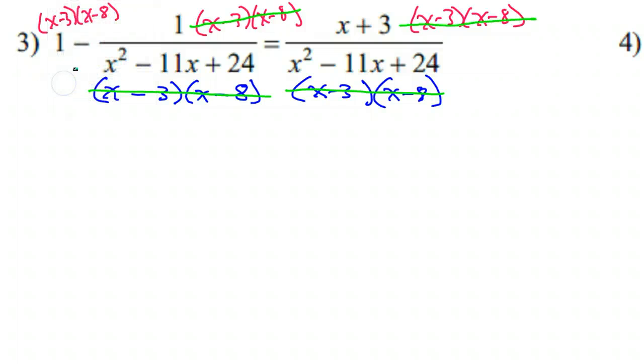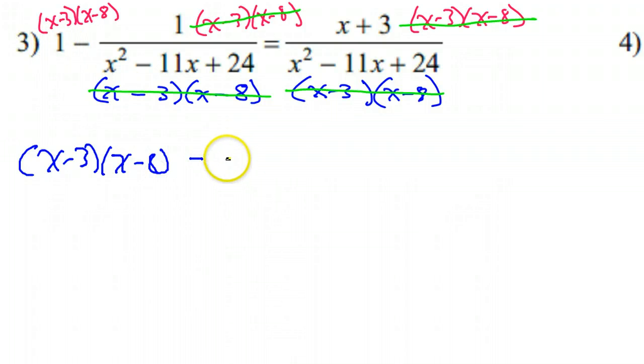Alright, so I'm going to have x minus 3 times x minus 8 from this. And then I'll have minus 1, because these canceled out. And this is going to be equals x plus 3, because the denominator canceled out.